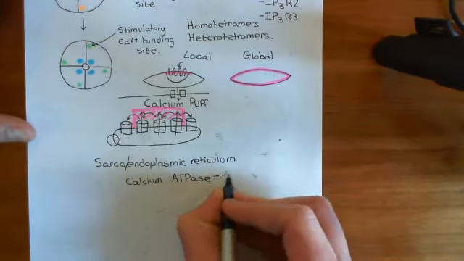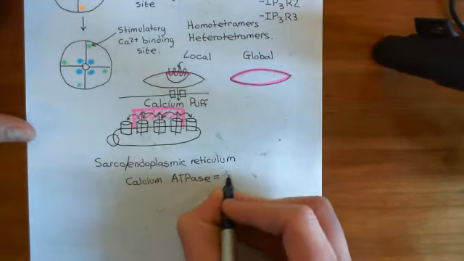So the SERCA pump then pumps 2 calcium ions back into the ER lumen. Okay, so 2 calcium ions will go back into the ER lumen, and in exchange it pumps out 3 protons.